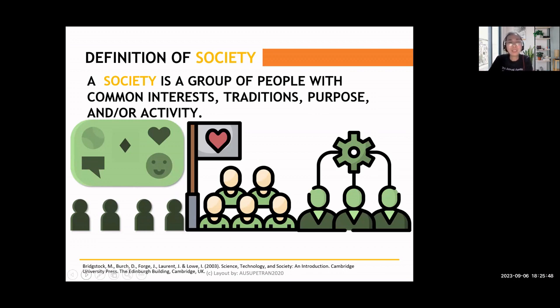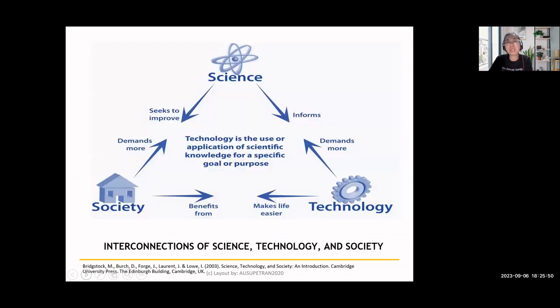So in here, technology is basically driven by society. If we look at this diagram here, we can see that society has a lot of demands. With these demands, science responds by providing us with knowledge, and this knowledge that science provides is converted into technology.